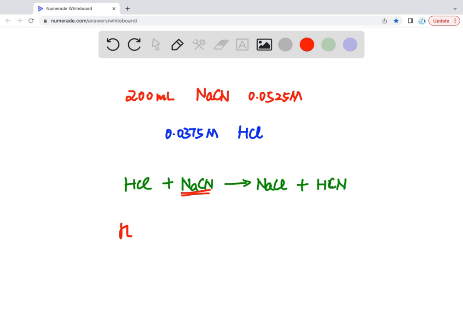So the moles of the sodium cyanide equals the concentration times volume. The concentration is given, 0.0525.